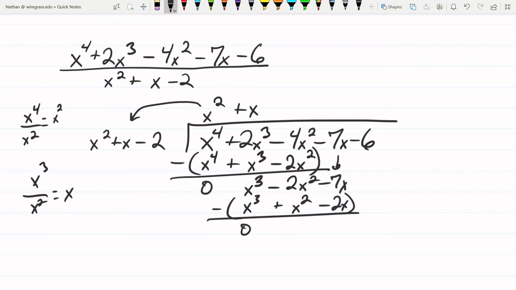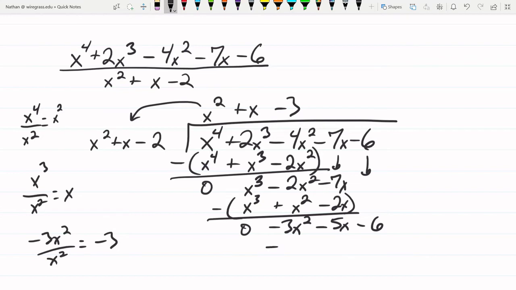0. We get negative 3x squared. They're both negative now. And that's going to be negative 7 minus negative 2x. So it's going to be plus 2x, so negative 5x. Bring down the next term. We have negative 3x squared divided by x squared, giving us negative 3. Multiply it in. Negative 3 times x squared is negative 3x squared.